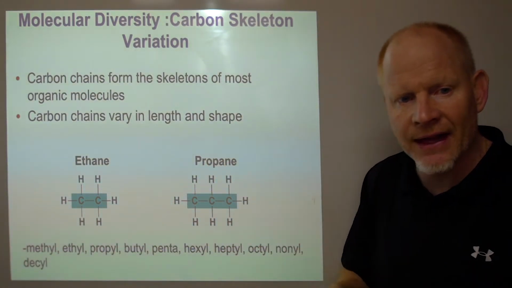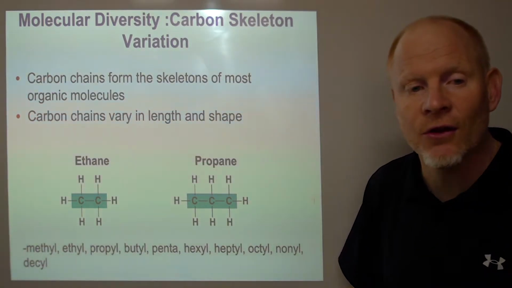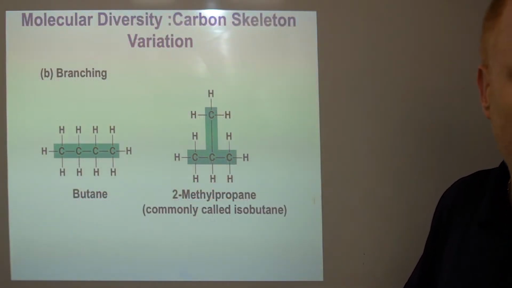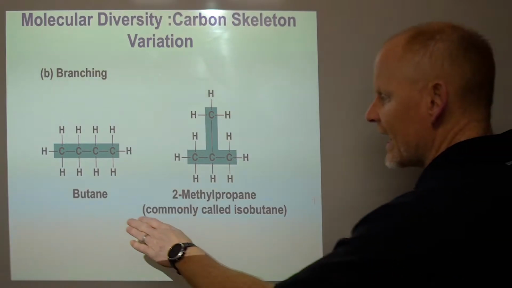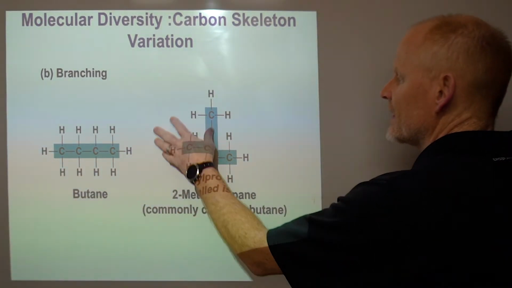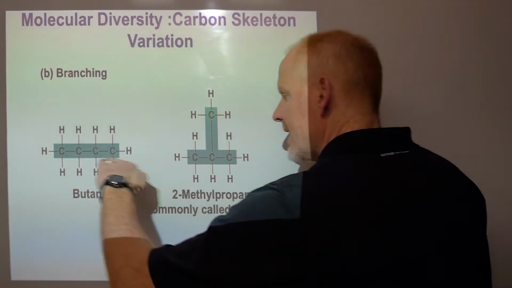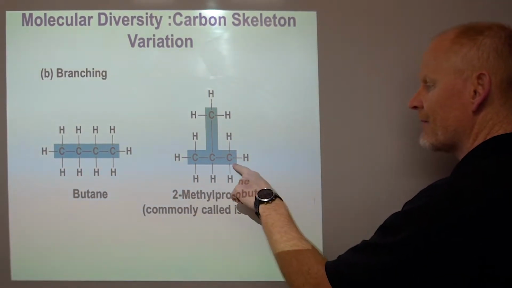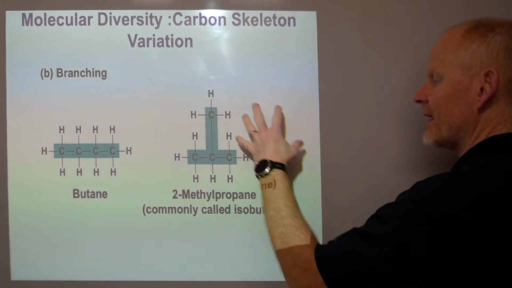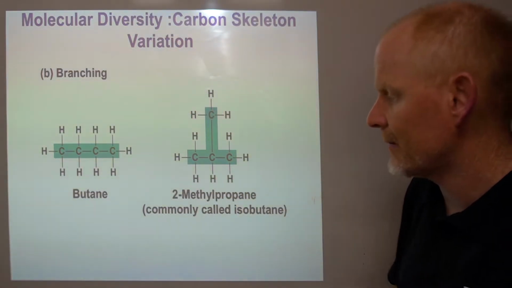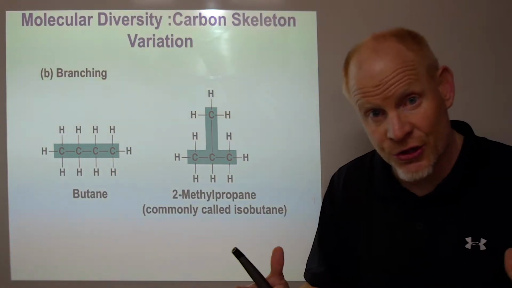Carbon chains can vary in length, and they can also vary in the way they look based on branching. So here's butane, and when I learned this, we called this isobutane, because it looks different than the linear butane. There are 4 carbons. Here we have 3 carbons and then a 4th one branching off of it, and it's still a complete hydrocarbon. Butane, again, you can burn it.